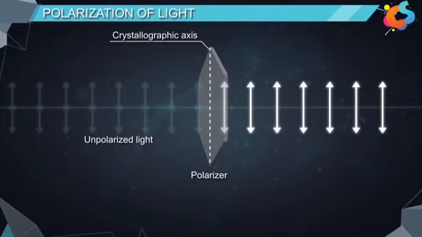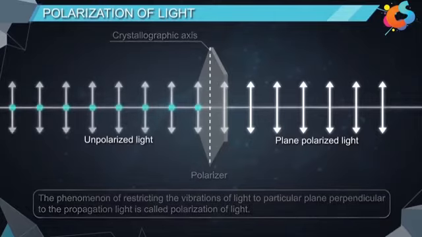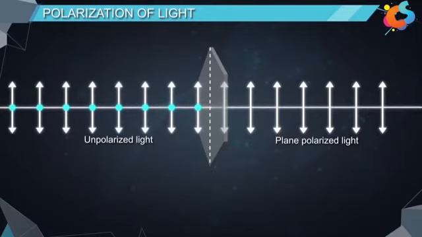Now, the emerging light is a plane polarized light. It contains vibrations in only one plane. The phenomenon of restricting the vibrations of light to a particular plane perpendicular to the propagation of light is called polarization of light.